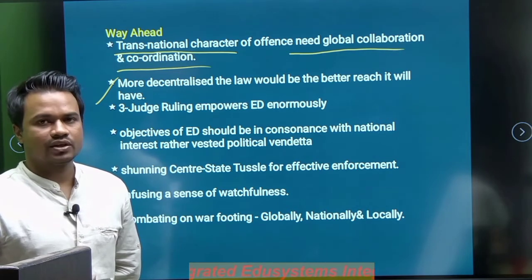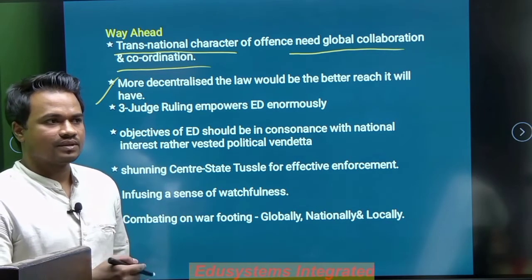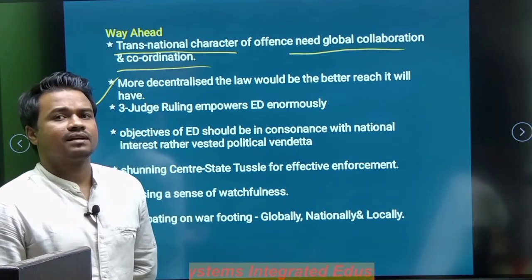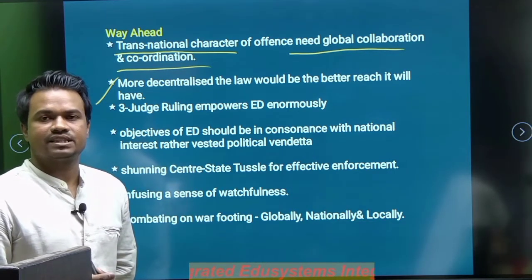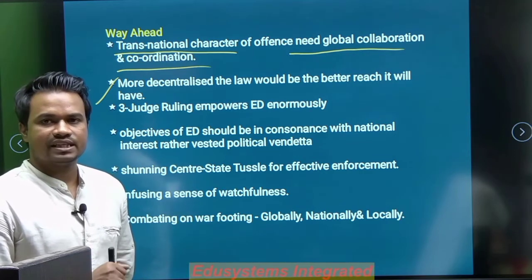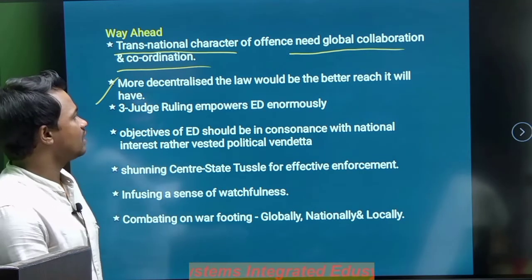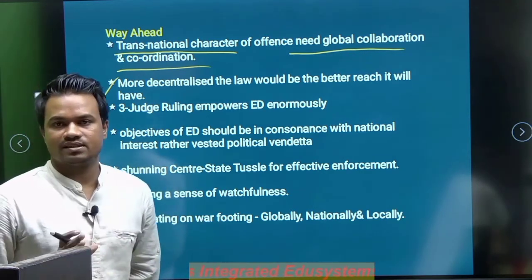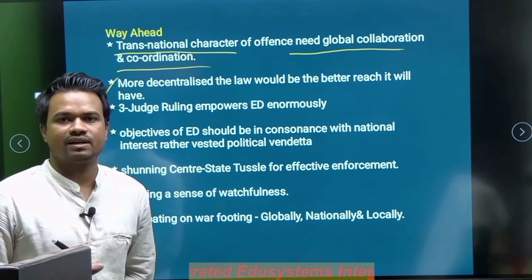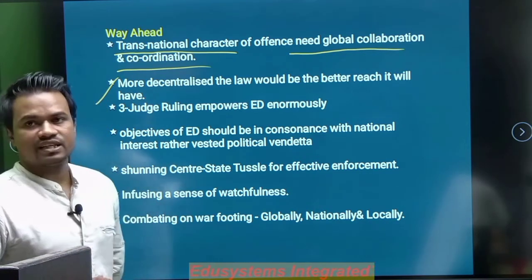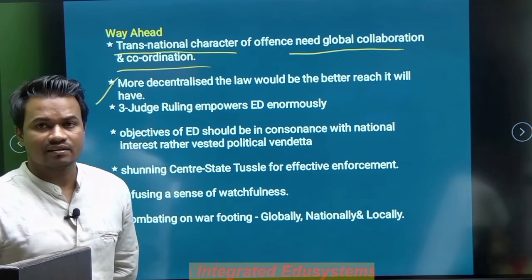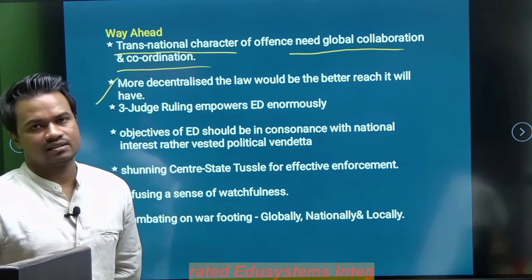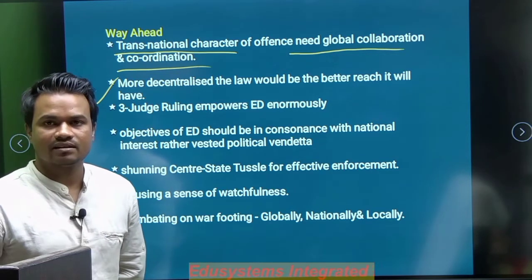The ED has all authority, right from investigating or identifying the suspects, as well as proceeding and trial. The entire regime of this anti-money laundering process is completely centralized, because the ED works under the Finance Ministry and the Act is devised and designed by the Parliament.